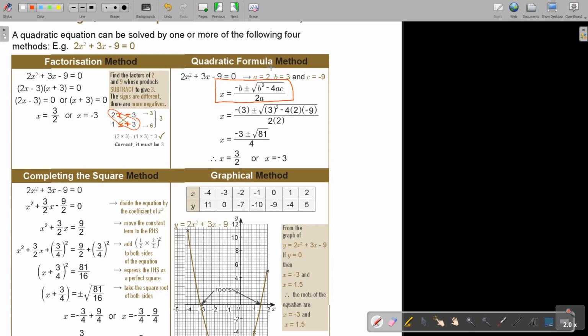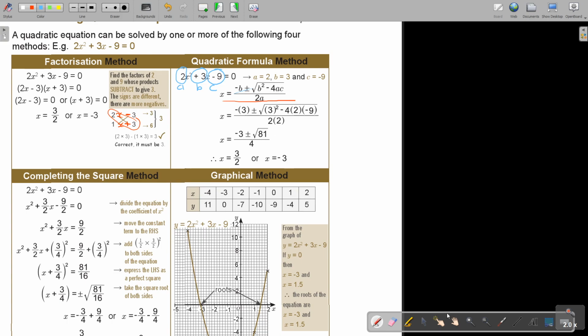That's the formula. So that will be the value of a, that will be the value of b, and that will be the value of c. And then I substitute it, and please substitute it in brackets, otherwise you make unnecessary mistakes. And again, you get the same answer.